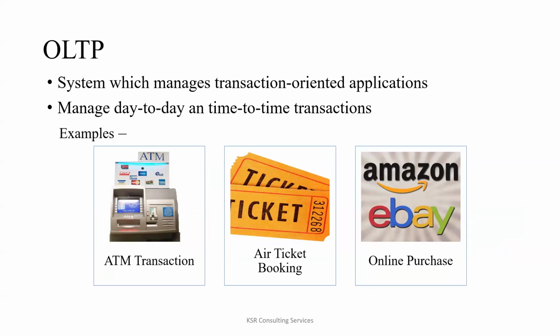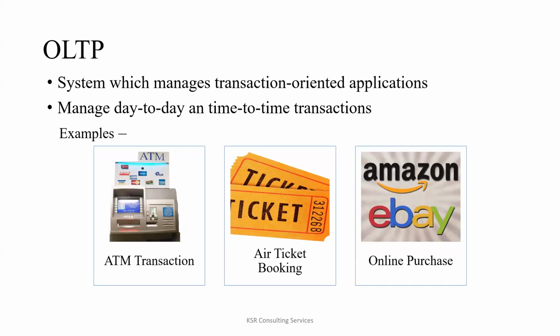If you see your ATM transaction, or you're booking airlines, buses, railway, or purchasing anything from Amazon or Flipkart, you are doing insert, update, delete operations, or booking movie tickets. So it has to manage your day-to-day transactions. For that, the best systems are OLTP systems.